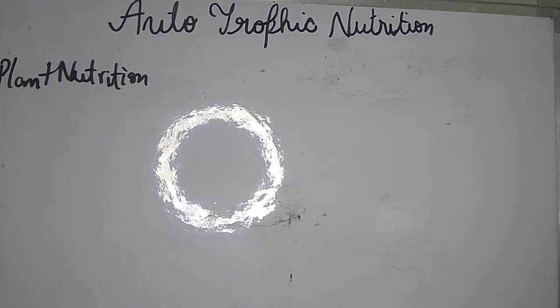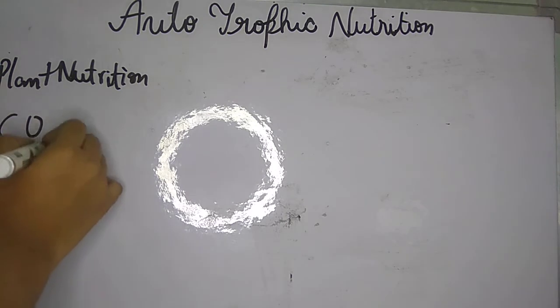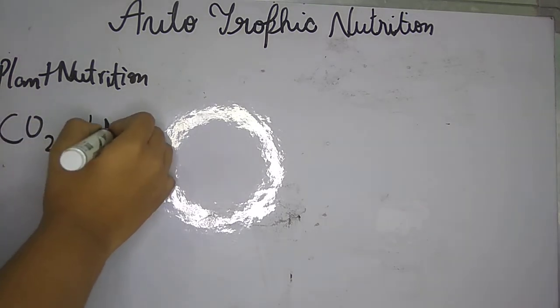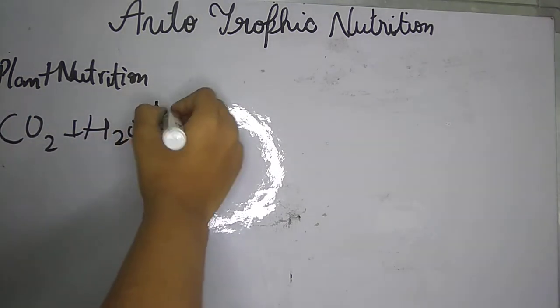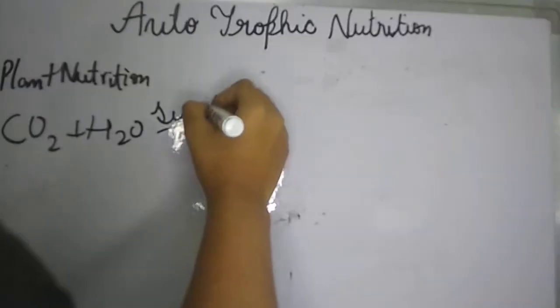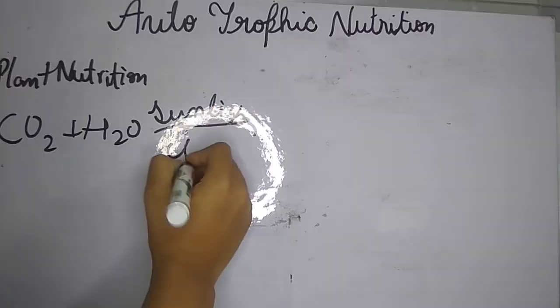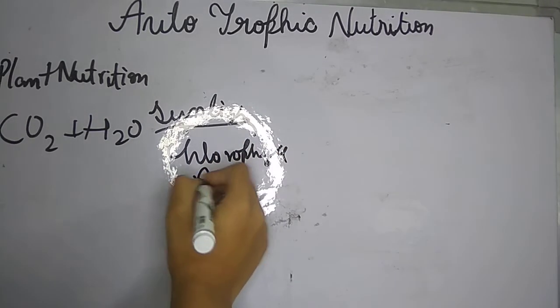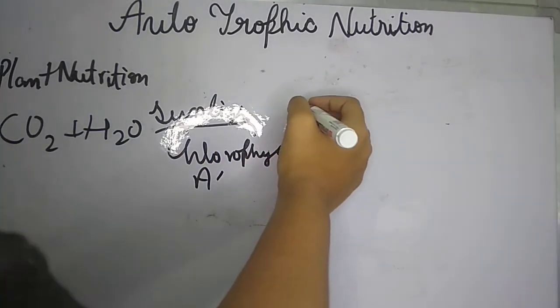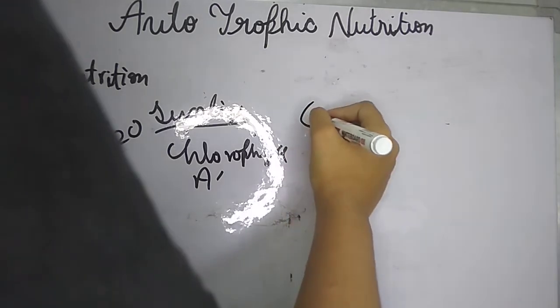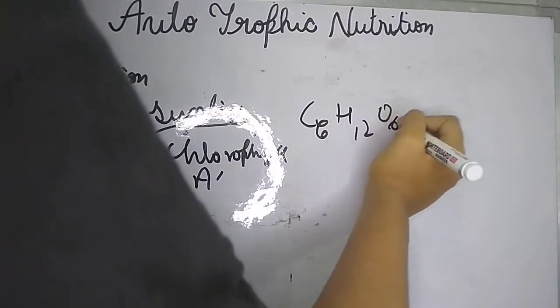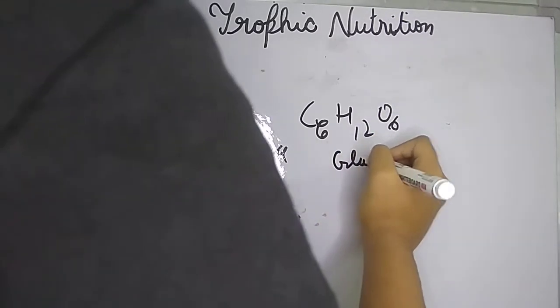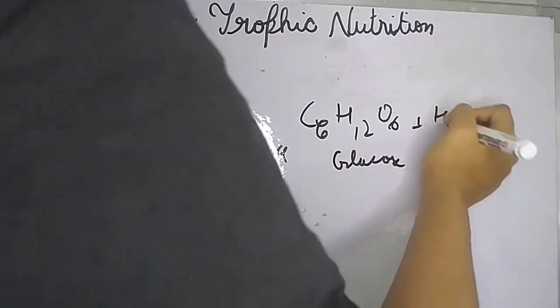The equation for this will be CO2 plus H2O, in the presence of sunlight and chlorophyll pigment A, gives C6H12O6, which is glucose, plus H2O plus oxygen.